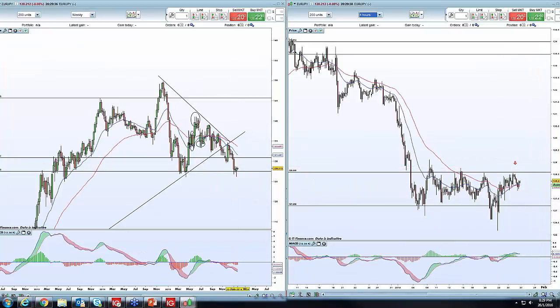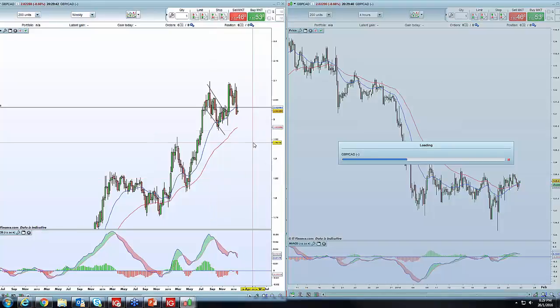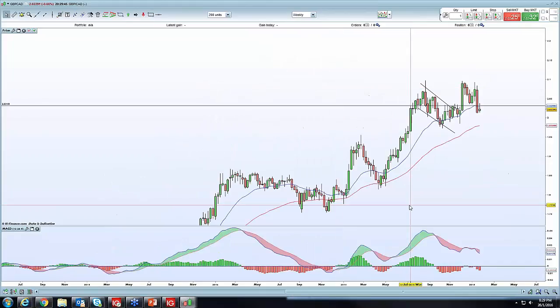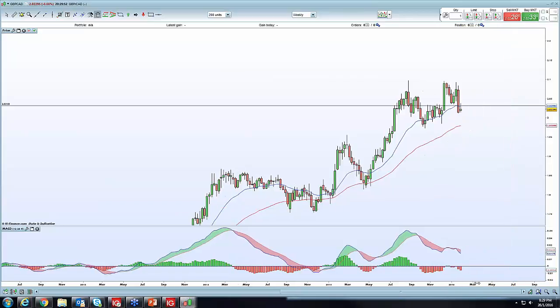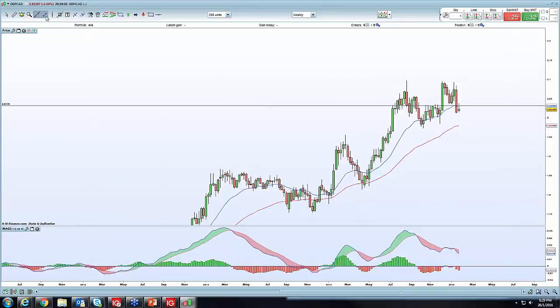Raju, Pound Cad. Let's see the weekly chart. Pound Cad. Not the nicest of trends. I don't really like it. It's very messy. There's a bit of a support trend line here.